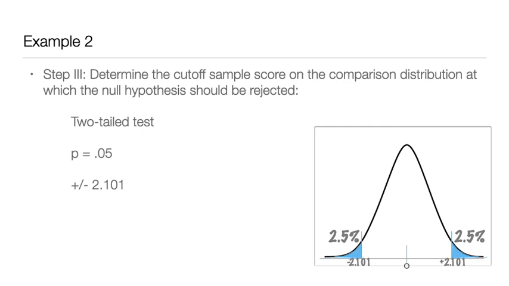And we have that 5% split between the two tails, so we have 2.5% in the upper tail, 2.5% in the bottom tail. And we're saying that any value that is more extreme than either 2.101 or negative 2.101 will be rejected, that those are the ones that are extreme enough that we would not expect them by chance. And that's what we're saying here in our step 3.